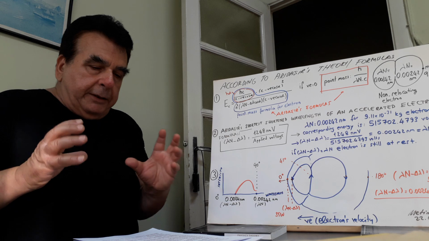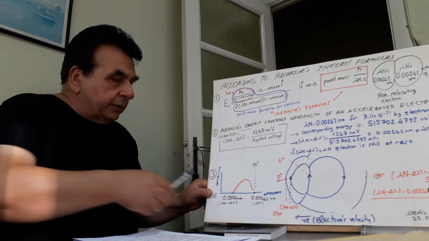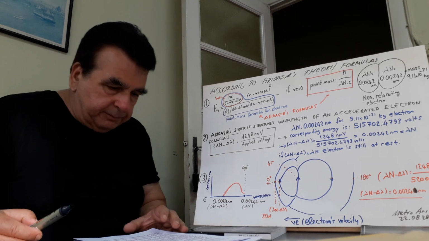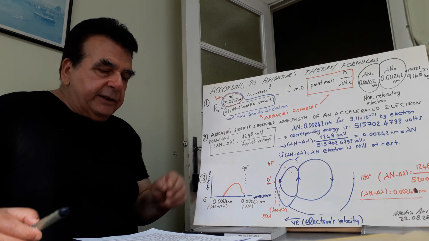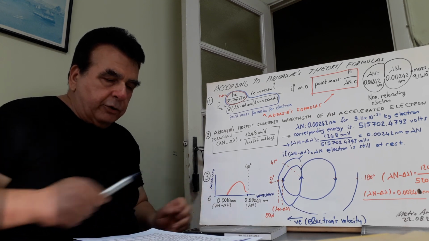And this band contains wavelength values between the initial at rest 0.00242 nanometer wavelength of the electron and its smallest wavelength, 0.0024 nanometer.